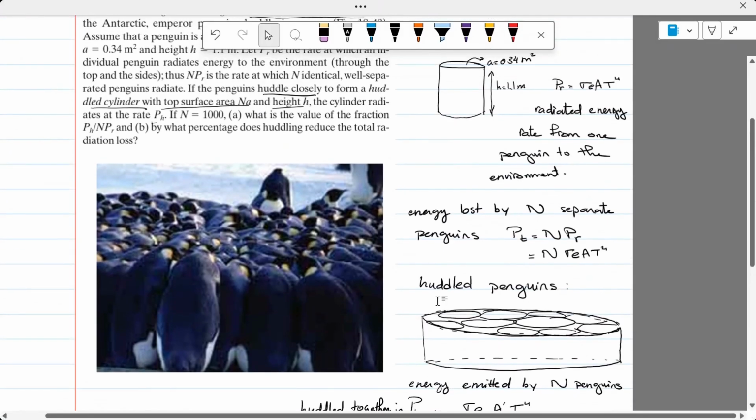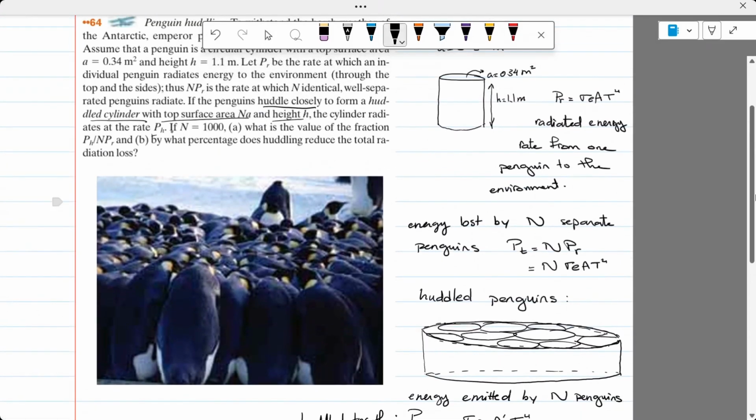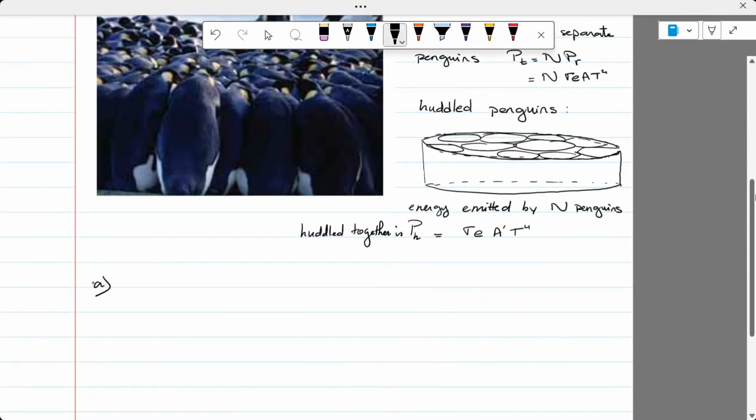So what is the question? If n equals 1000, what is the value of the fraction PH over n PR? What we want is the ratio of the energy emitted by the huddled penguins to the energy lost by the penguins if they were separate. So we want to see how much energy is going to be saved if these penguins are huddled.